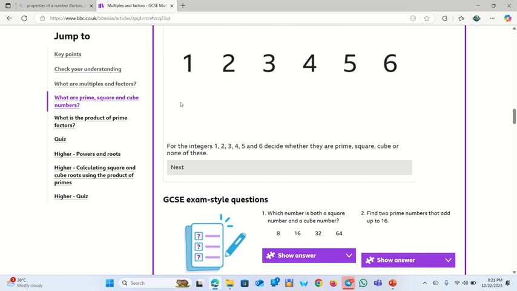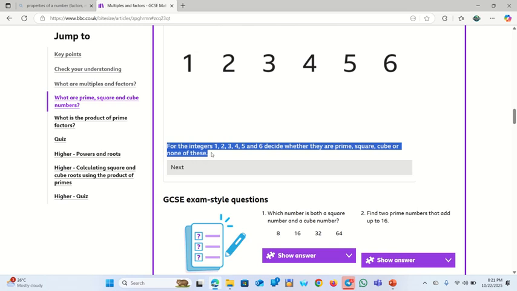The question said 1, 2, 3, 4, 5, and 6. For the integers we have right there on the screen, we have to decide whether they are prime. Which one is prime among the numbers? Which one are square among the number? Which one are cube or none of this in the number? Can you do that?